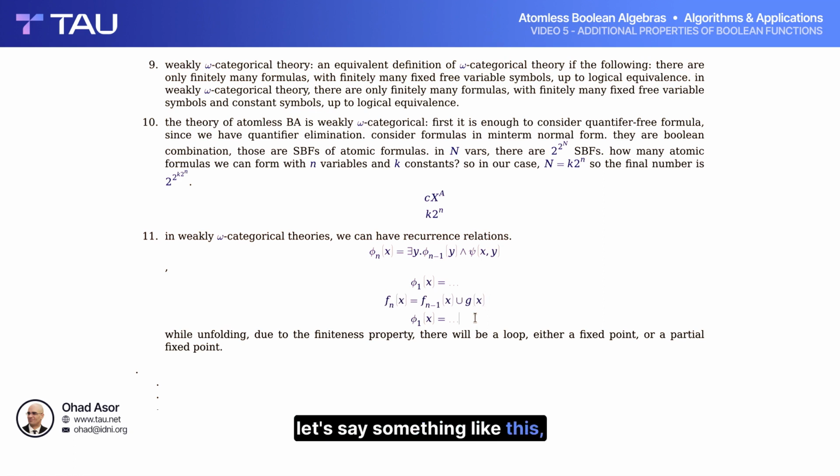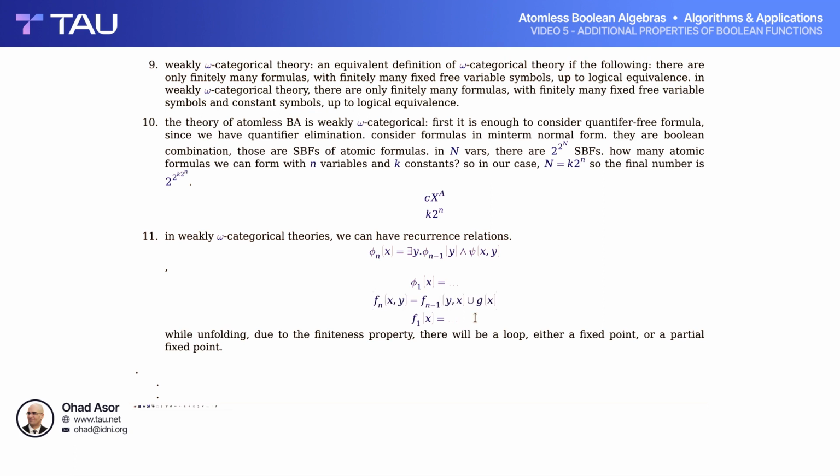Let's say something like this, or maybe to make it more interesting, it will be a bivariate Boolean function. Let's say like this. So yeah, in the same fashion, I can define a recurrence relation of Boolean functions.